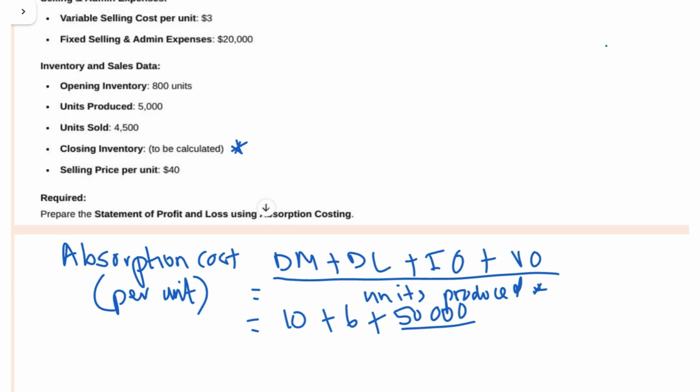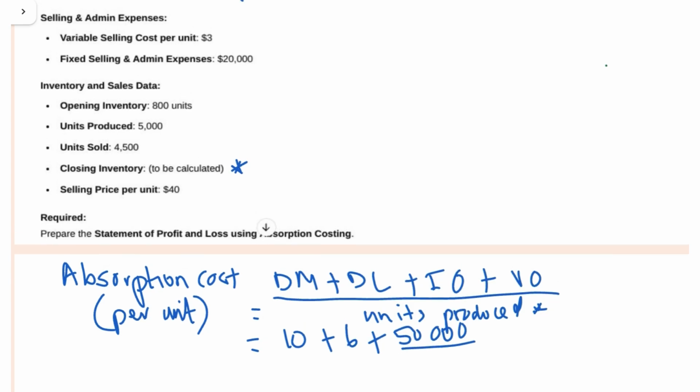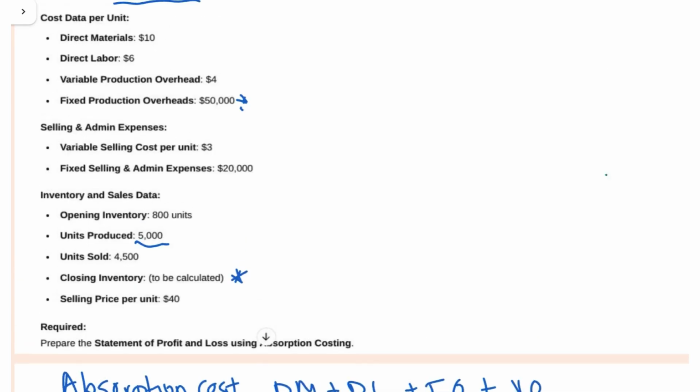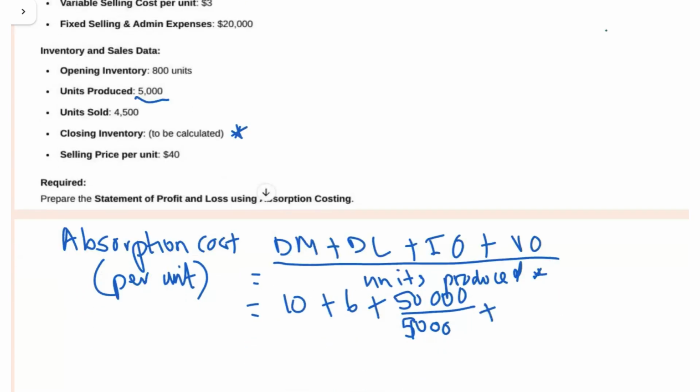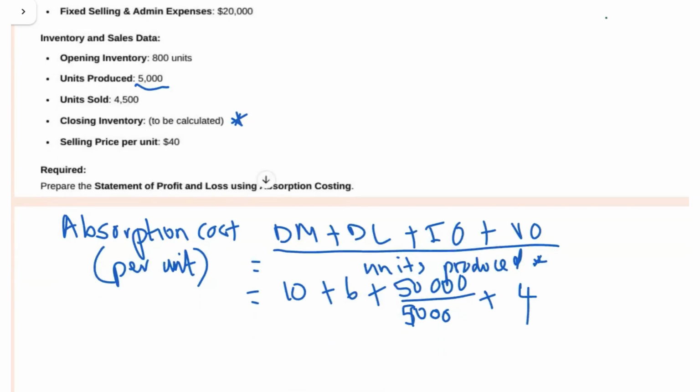Units produced is 5,000, so 50,000 divided by 5,000. Then we add our variable manufacturing overheads, which is $4 per unit. The fixed overhead is the only one we divide by the units produced, because we want everything per unit and the others are already per unit.